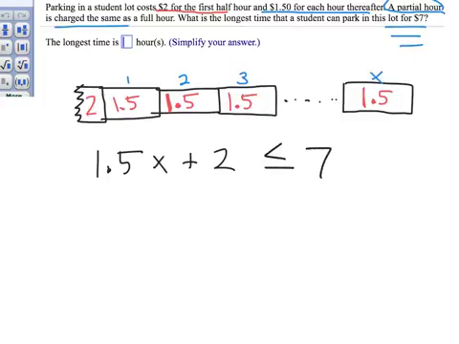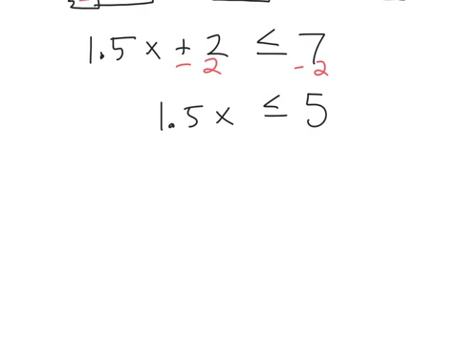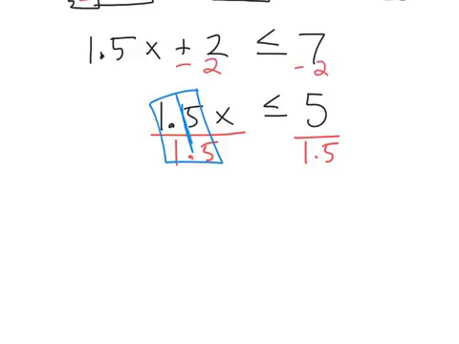All right, and so we're going to subtract 2. That gives us $1.50x is less than or equal to 5. Now we're going to divide both sides by $1.50. The left side, $1.50 divided by $1.50, is 1, so the left side is equal to x.